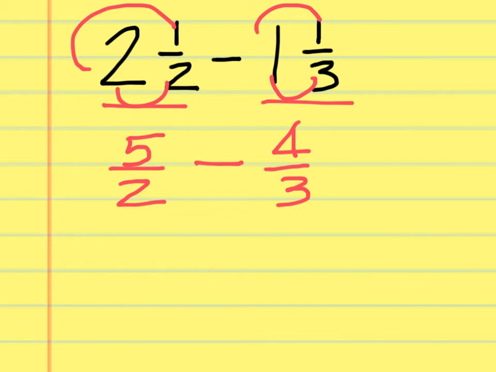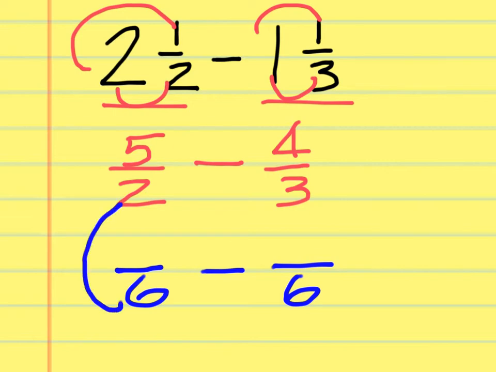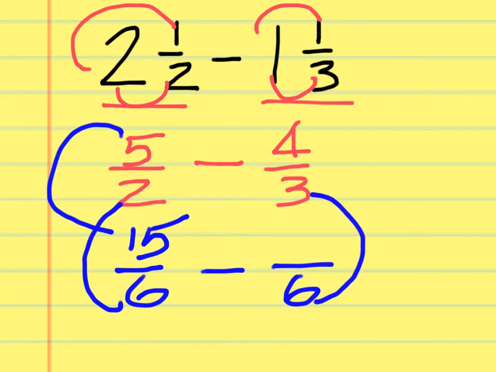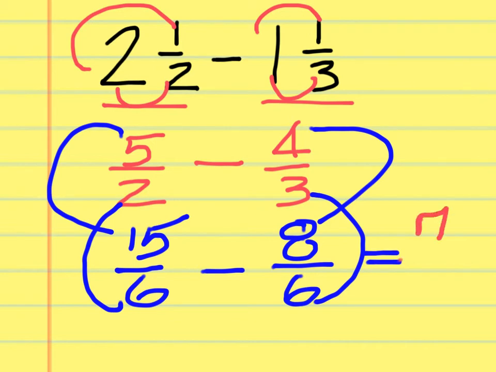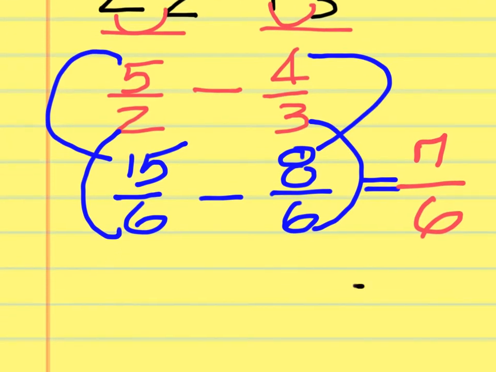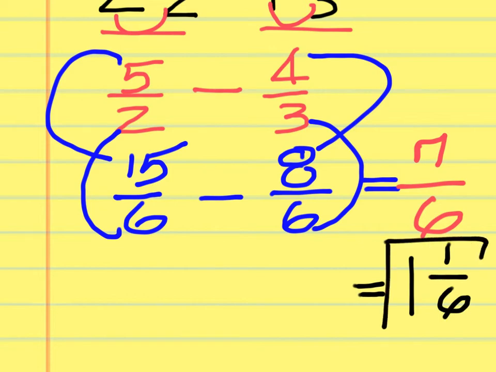And then find a common denominator from there. It's got to be 6. 6 divided by 2 is 3, so 5 times 3 is 15. 6 divided by 3 is 2. 2 times 4 is 8. 15 minus 8 is 7. 7 over 6. 6 into 7 1 time with 1 left over.